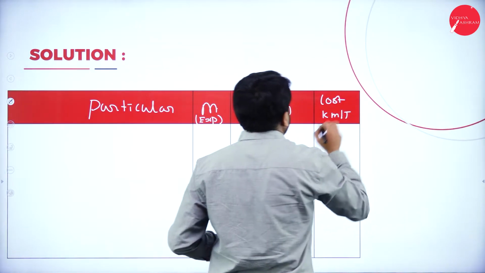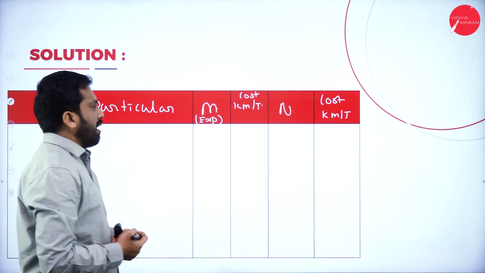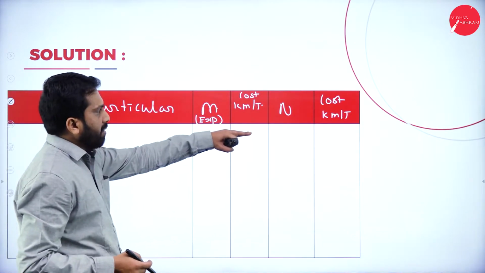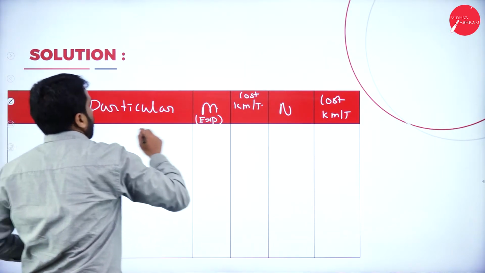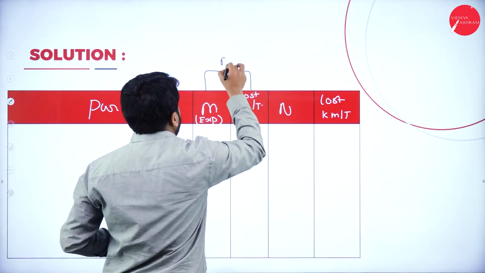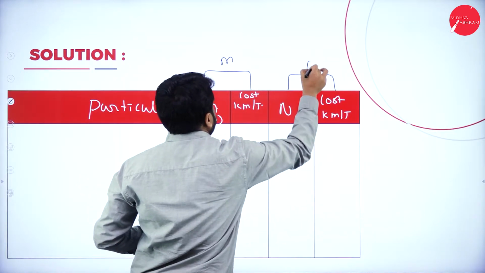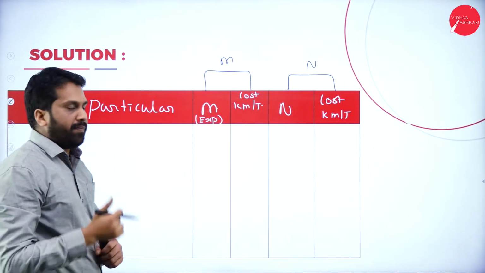These are the calculations we have to do. Remember, this is for M, and this is for N. Hope you are clear.